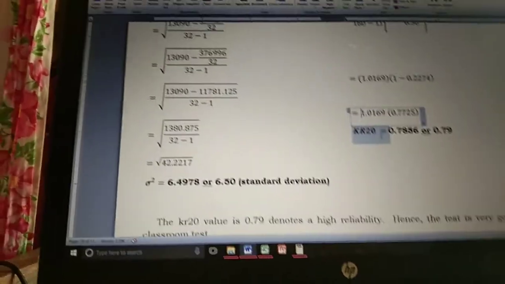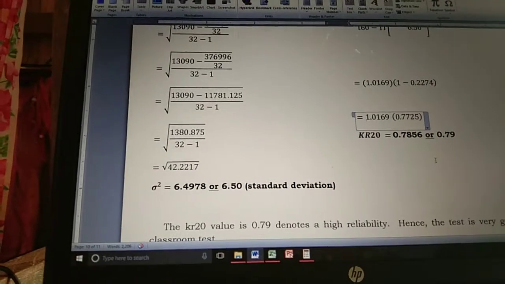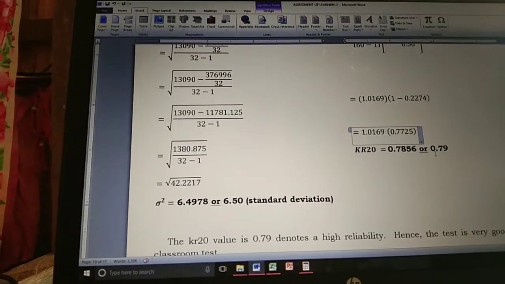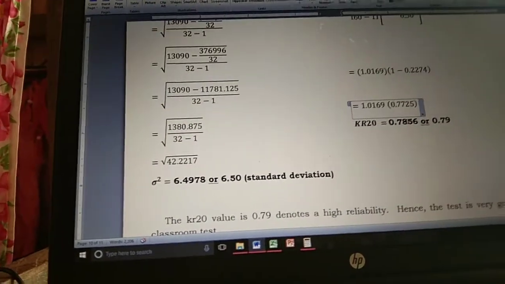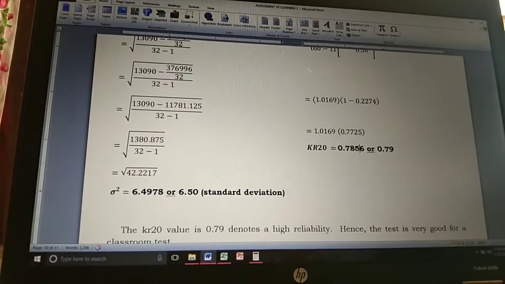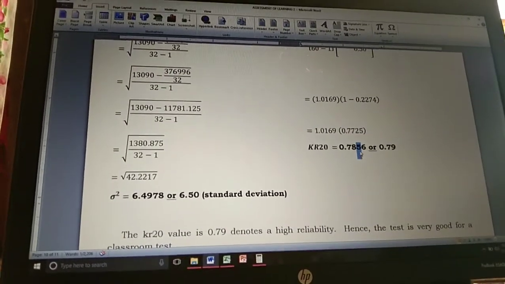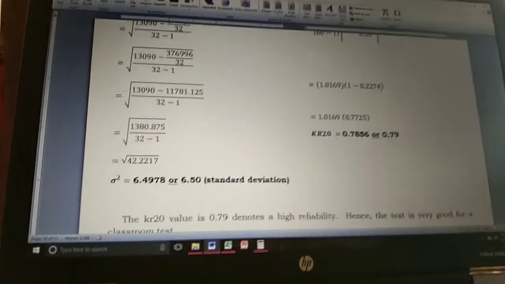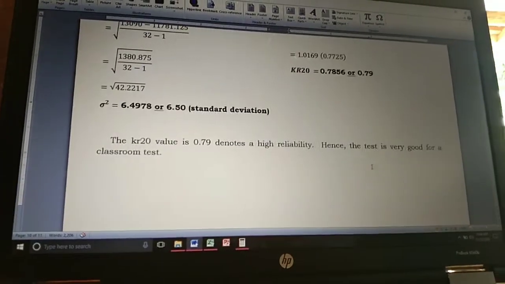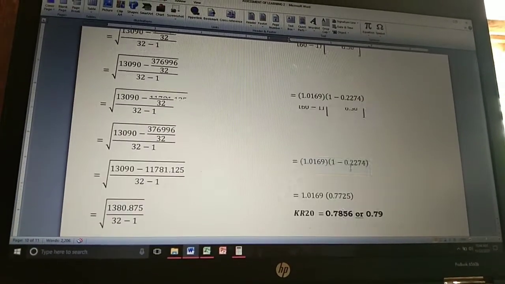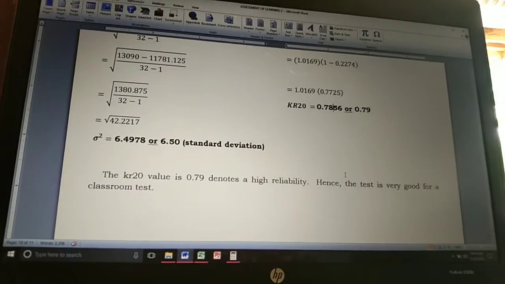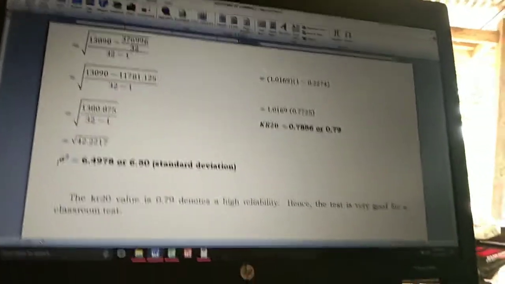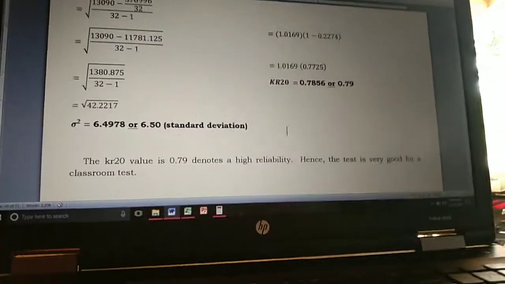So we have here the KR20 0.7856 or just simply 0.79. So it can be rounded off because 75 man dito. So it can be rounded off to 0.79. So this is our correlation coefficient using the alpha coefficient or the standard deviation.